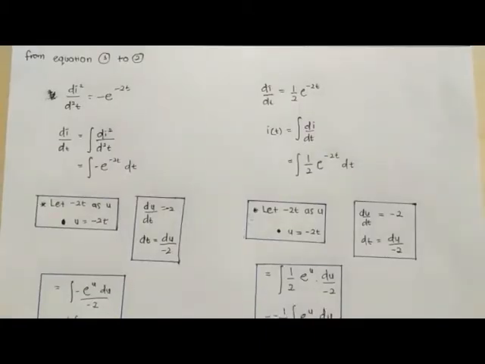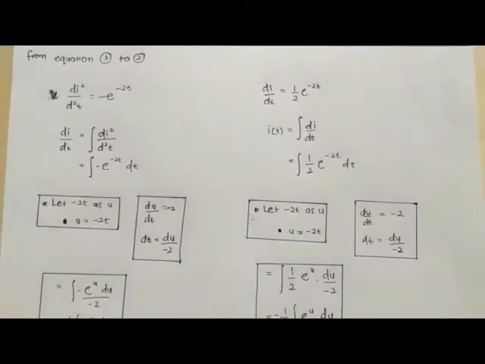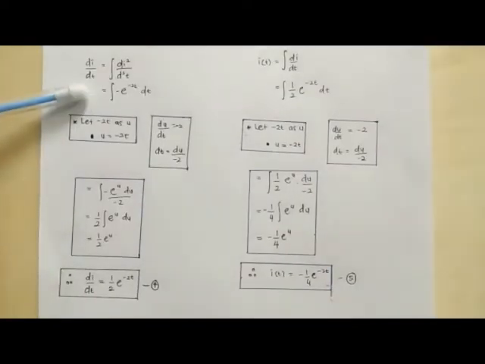Okay, from equation 3 to 2, we need to find L and di over dt to find our answer. So the first one that we need to find is di over dt. So di over dt is equal to the integral of d i squared over d squared t. This is di over dt.